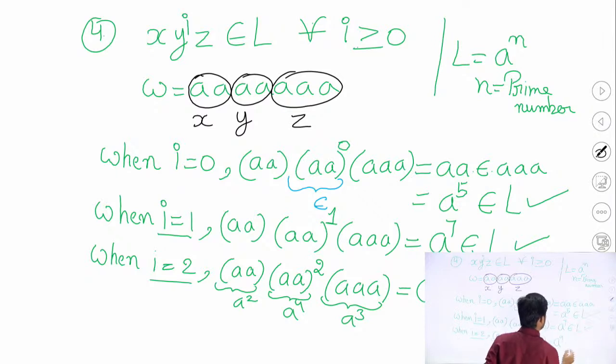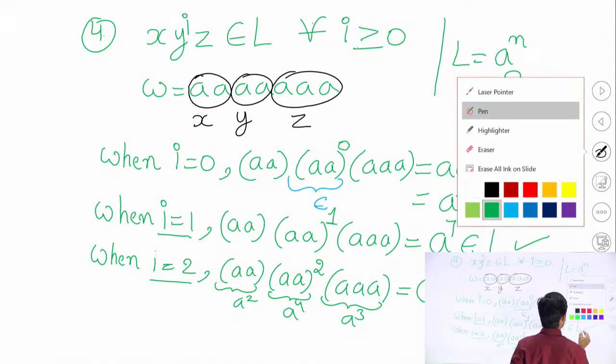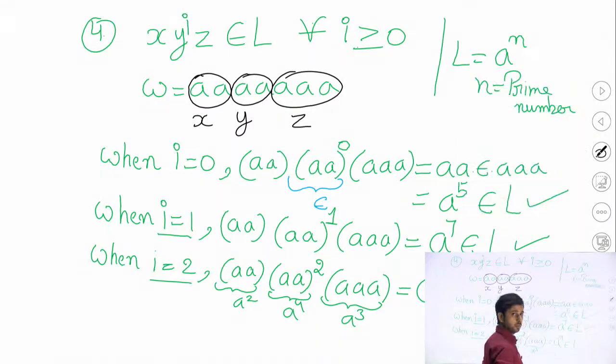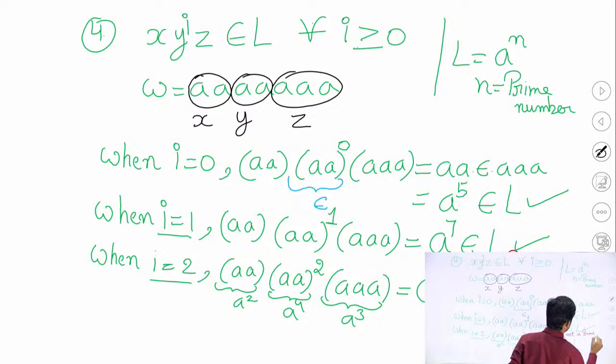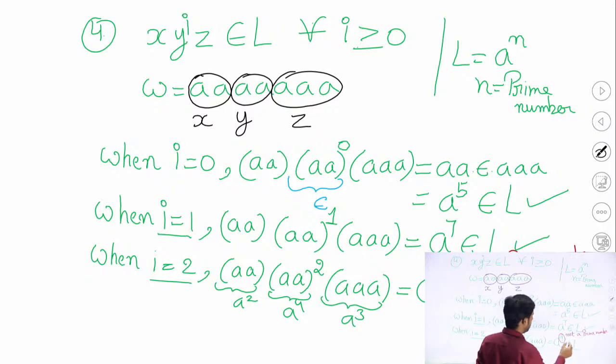Whether this string belongs to language L, yes or no? Since 9 is not a prime number, we can say that a raised to power 9 does not belong to language L.